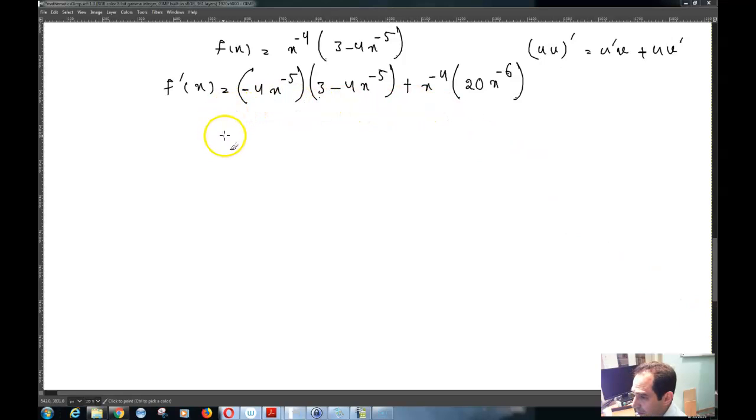Now, here you have negative 12x raised to the power negative 5 plus 16x raised to the power negative 10.